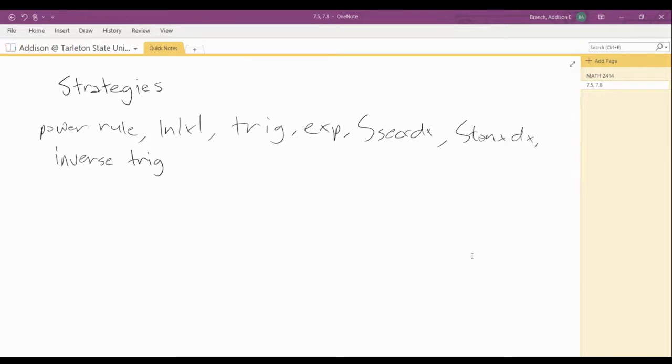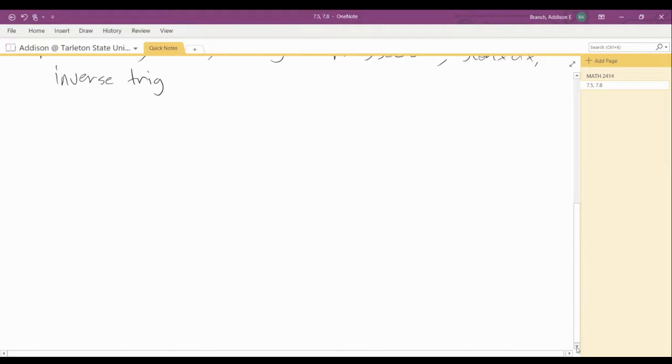There's a basic thought process that you can use for pretty much any integral.